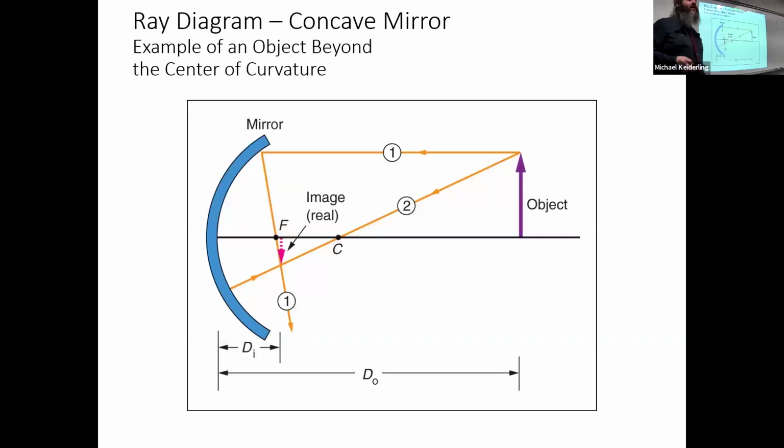Here's an example of an object forming a real image. If an object is beyond the center of curvature of a converging mirror, it will form an inverted real image that is smaller than the original object.